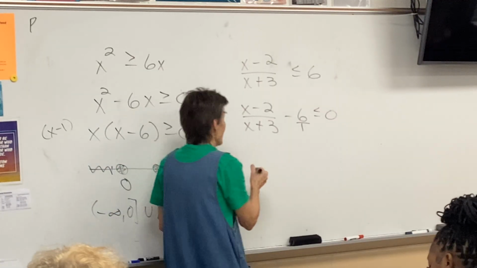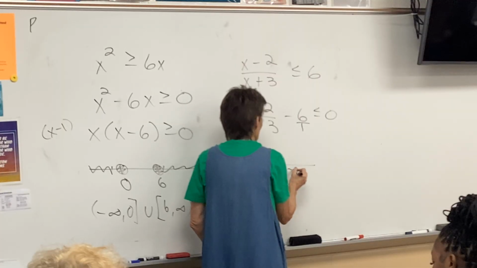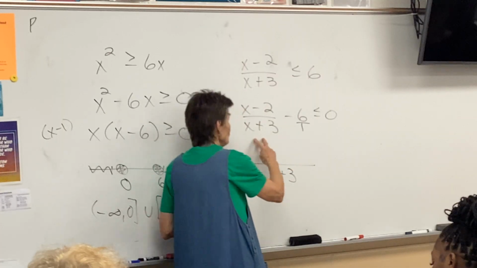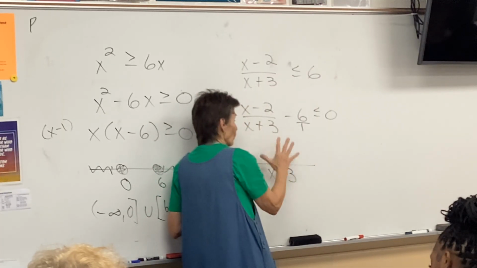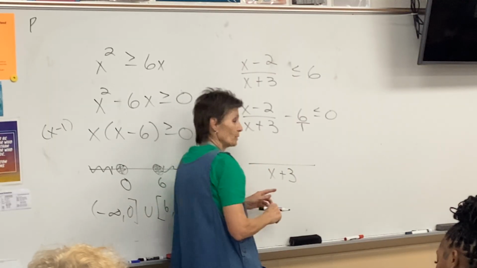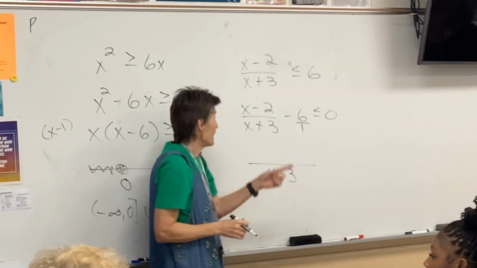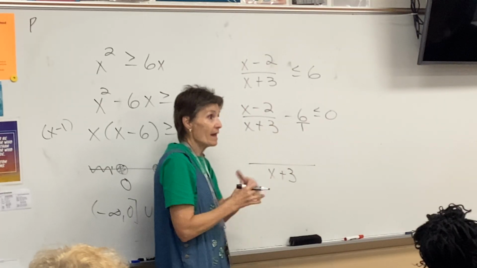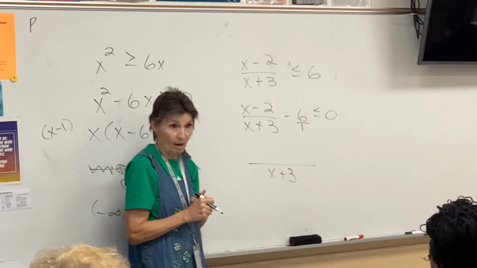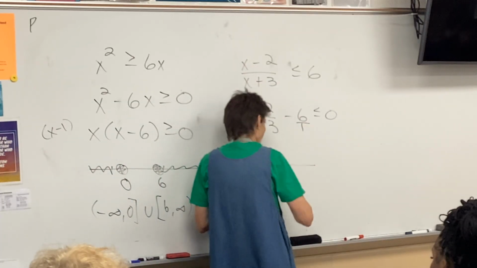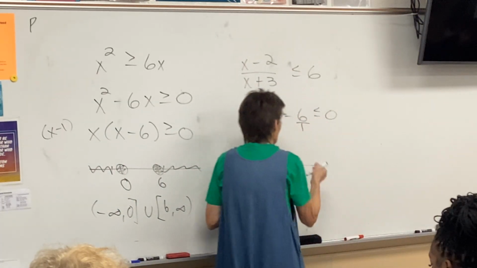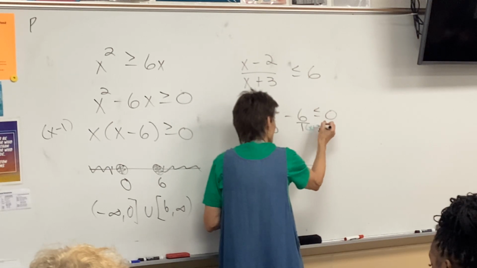I'm gonna make the denominators the same. I have 2 fractions. In order to do the problem, I can only have 1. So I have to put these together. And in order to put them together, they have to have a common denominator. So I am gonna multiply this by x plus 3.